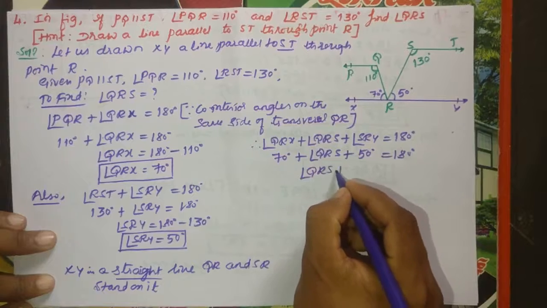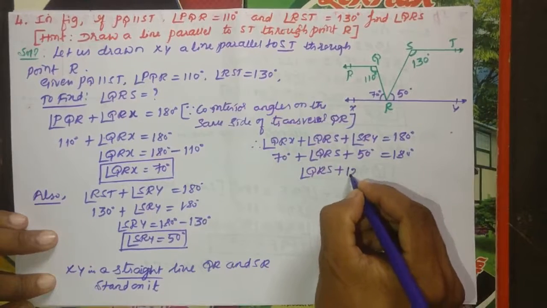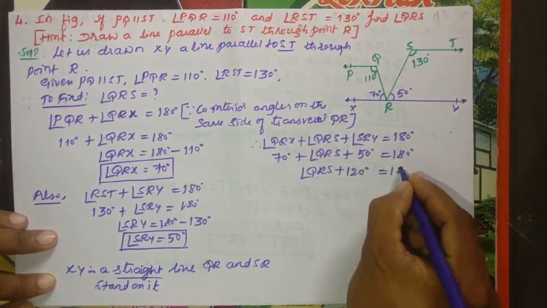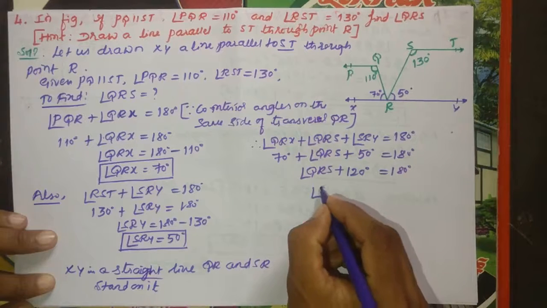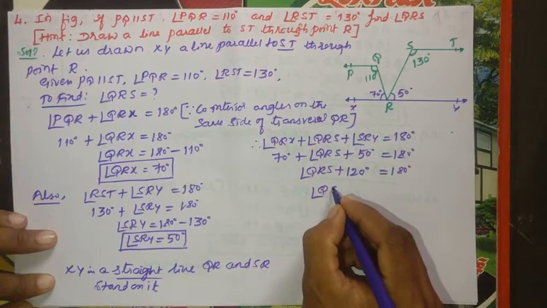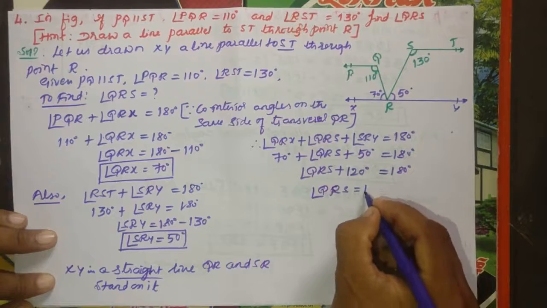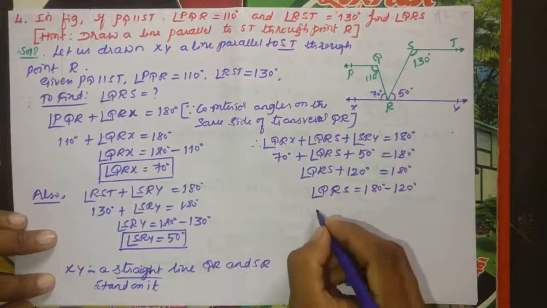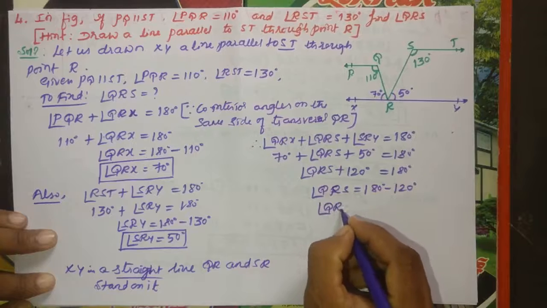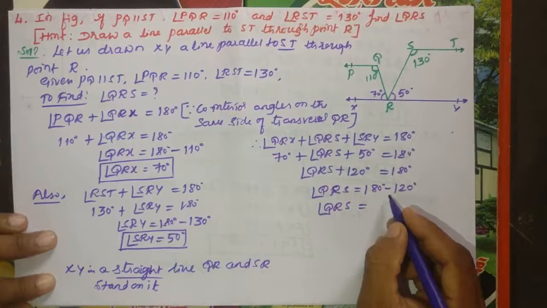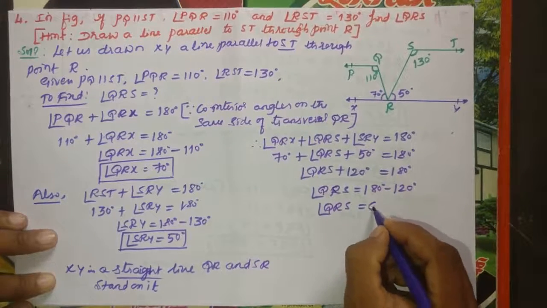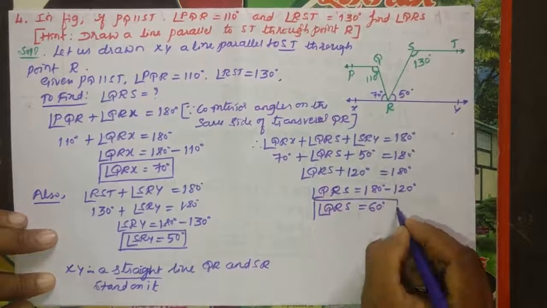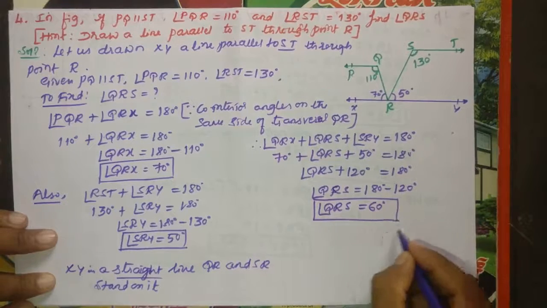Angle QRS plus 70 plus 50, that is 120 degrees. Therefore angle QRS is equal to 180 degrees minus 120 degrees, that is 60 degrees. And this is the right answer.